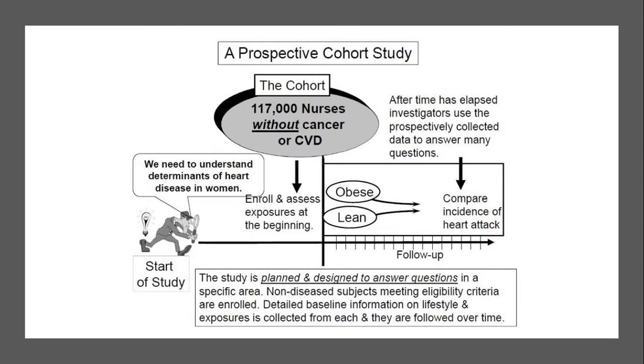So you're following a cohort or a group of people. In this example, maybe they're following 117,000 nurses who did not have cancer, and they enroll them and assess exposures at the baseline, and they're wanting to understand the determinants of heart disease. And then after time has elapsed, the investigators will collect follow-up data from them and compare the incidences of heart disease. And they can even then break the group down into those that were obese and those that were not obese. So that's an example of a prospective cohort study.